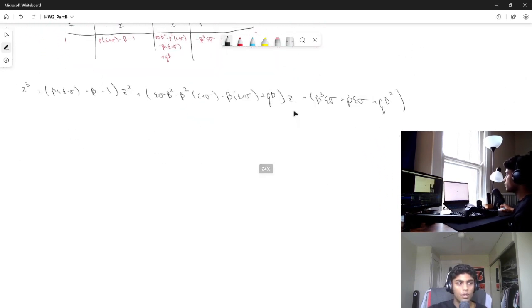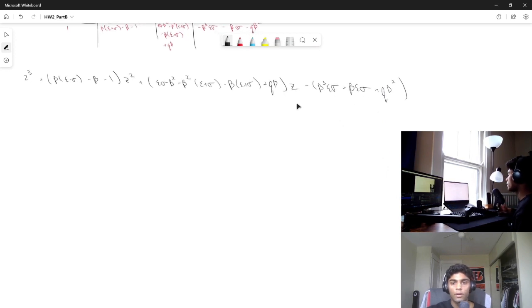So in terms of our cubic form general equation of state, this is what that is going to look like.